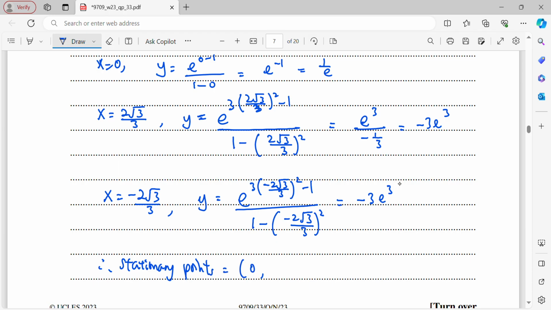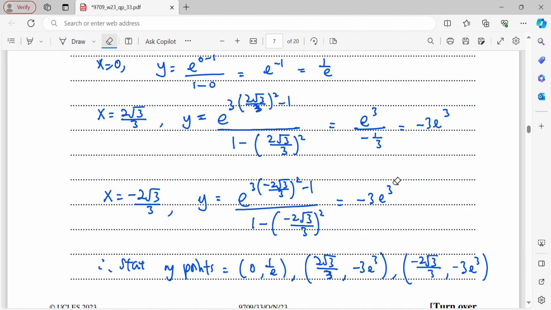It will be (0, 1 over e), and then (2 square root 3 over 3, negative 3e cubed). Another one is the negative x. So these are the 3 stationary points. So hang on please.